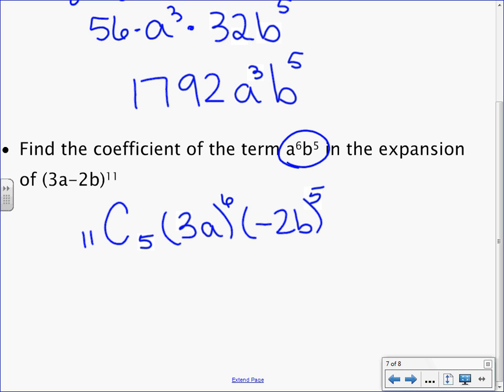So for our coefficient, what is 11 combinations of 5? Use your calculator. Okay, 462 times, I don't care about the a, I only care about the coefficient. So what's 3 to the 6?